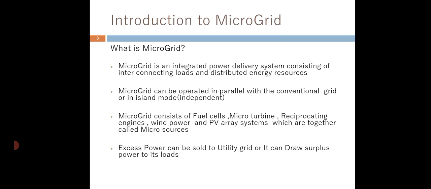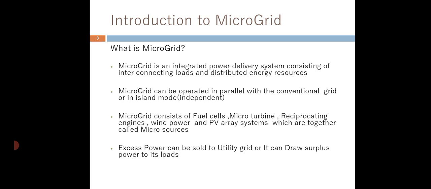What is a microgrid? A microgrid is an integrated power delivery system consisting of interconnected loads and distributed energy resources. A microgrid can be operated in parallel with the conventional grid or in island mode. A microgrid consists of fuel cells, microturbines, reciprocating engines, wind power and PV array systems, which are together called microsources.